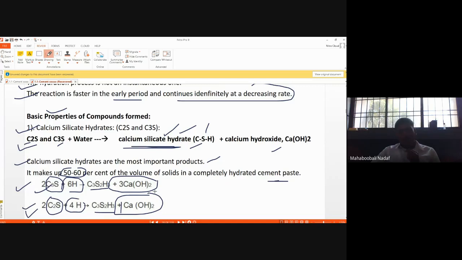It is a bad, harmful product. So which compound is making more harmful product? That is C3S. Tricalcium silicate is producing more harmful product than dicalcium silicate, which is producing less harmful product. But gel is forming the same.